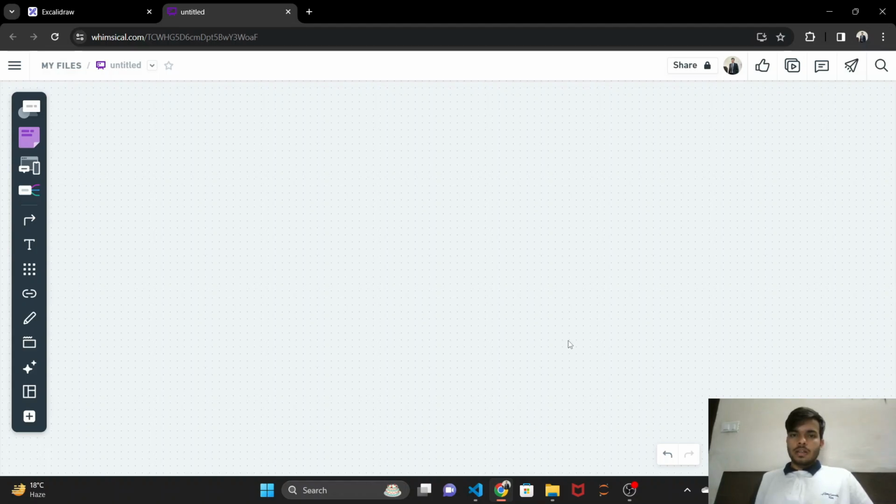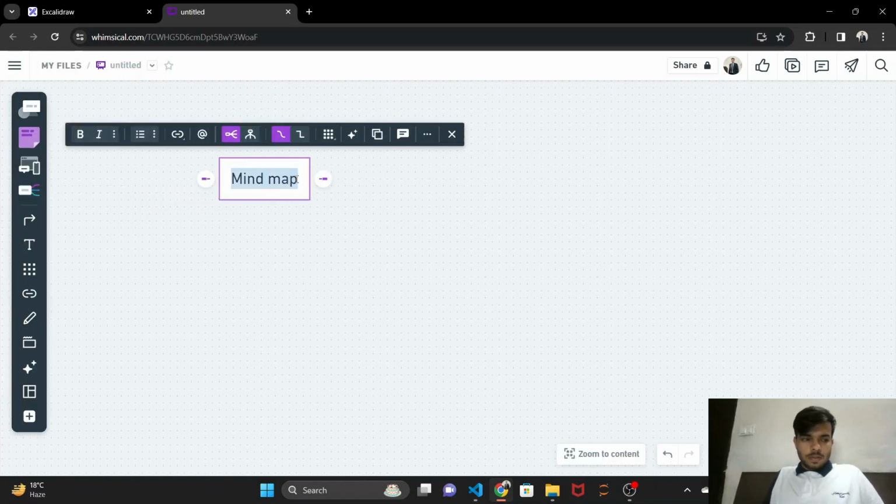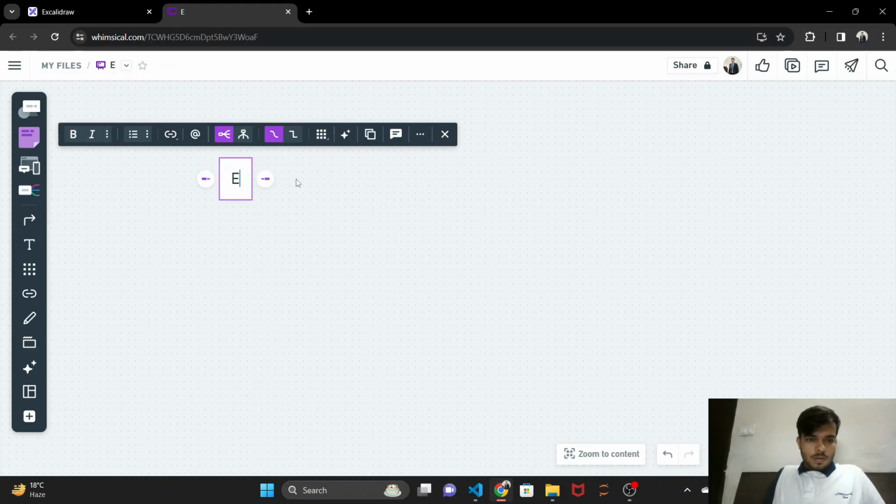So in explaining the database management system of the company early salary, we need to know about some of the basic entities. First entity will be employee company.